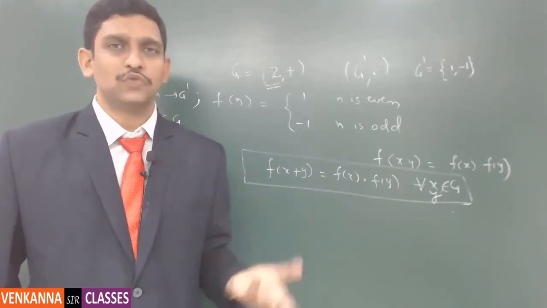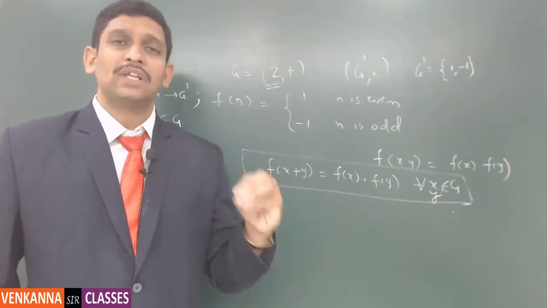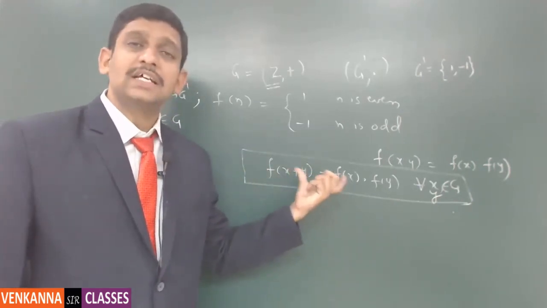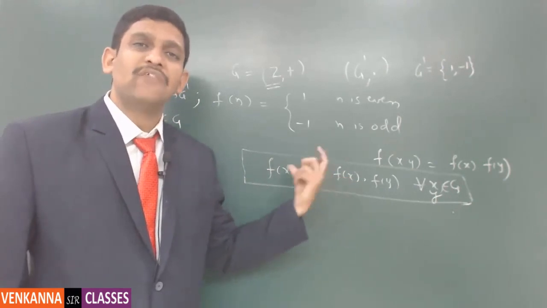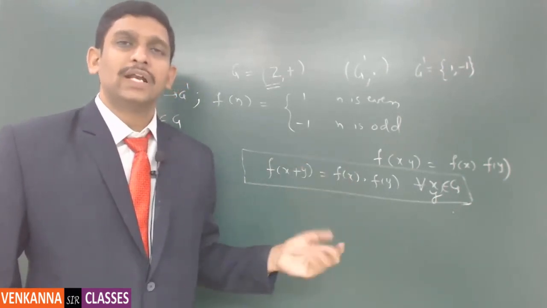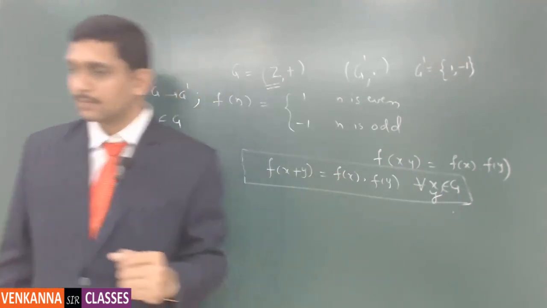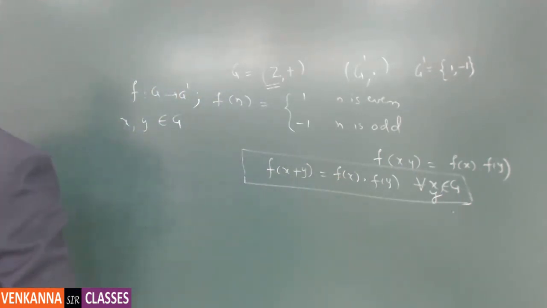In any way you can choose them. Whatever way you consider, you have to prove that this condition gets satisfied by the function f, so that it will become a homomorphism between the two groups. Did you get the context now? All of you? Yes or no?